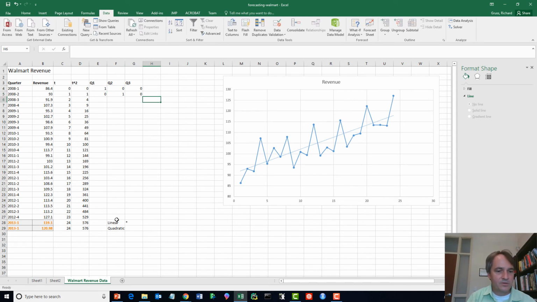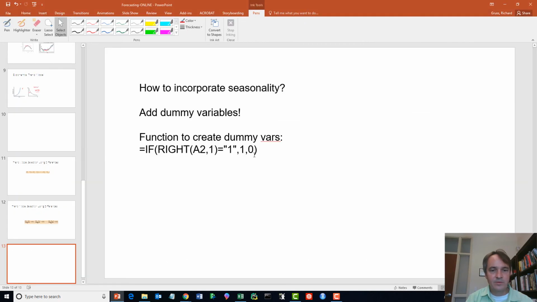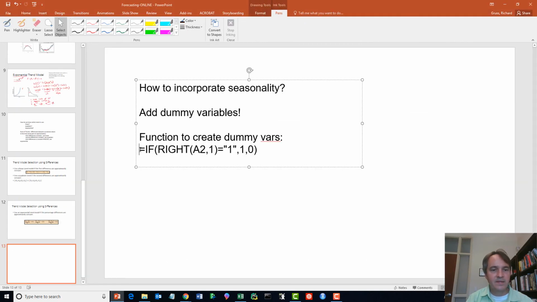I'm not going to go and do all of this. If you would like to do this with me, I've written down the function here. And what this is saying is, if the rightmost character in this cell is a 1, then put a 1 in this cell. Otherwise, put a 0 in this cell. I'm just going to copy it.